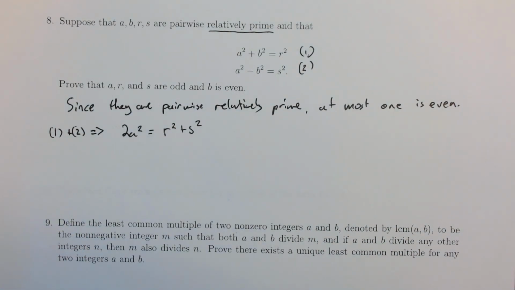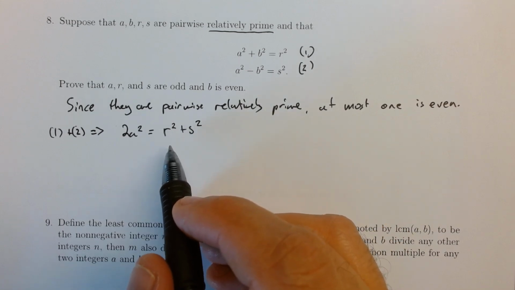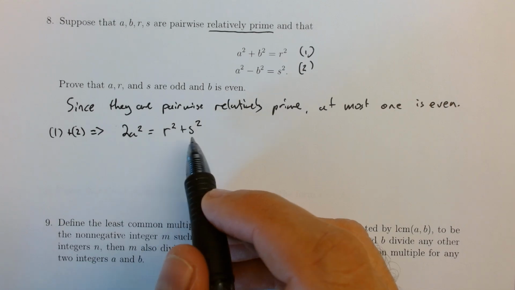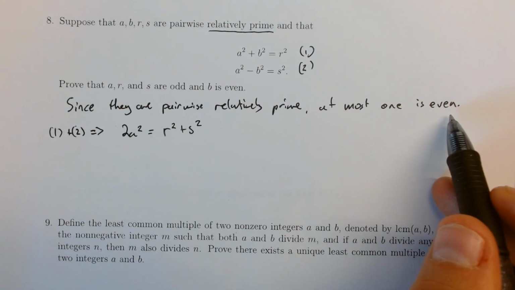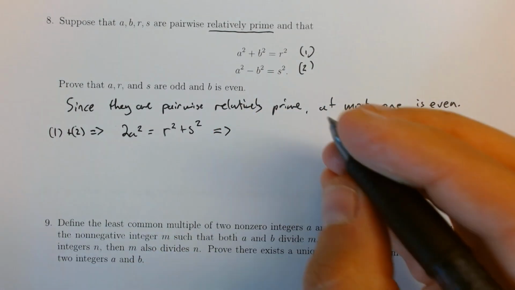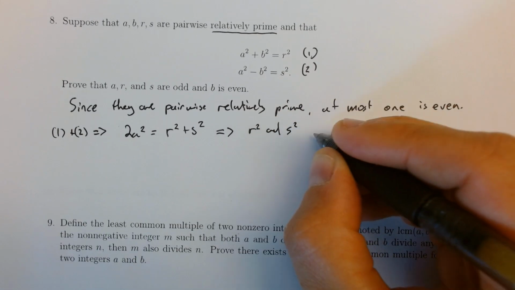What possibilities are there? Well, if one is odd and one is even, then the sum would be odd. And if they're both even, it would be even, but that's not possible. So the only possibility left to us is that r squared and s squared are both odd.